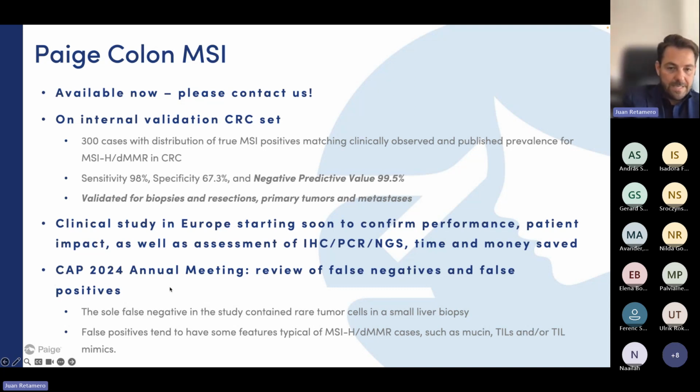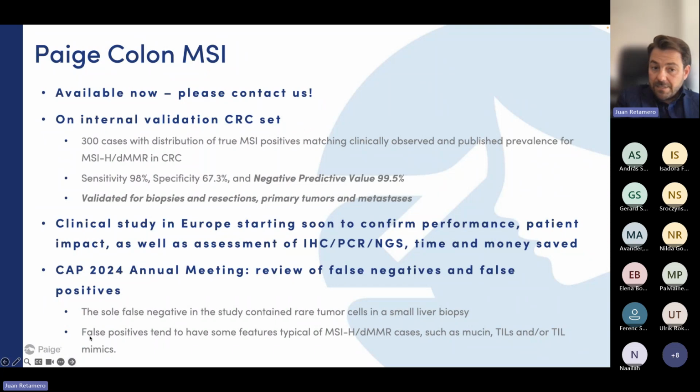Also, recently, we submitted this validation work comprising these 300 cases to the CAP conference. Out of these 300 cases, the AI missed a single case, a liver metastasis that only contained small groups of cancer cells. So it was a challenging case with a very low tumoral burden that was missed by the AI.